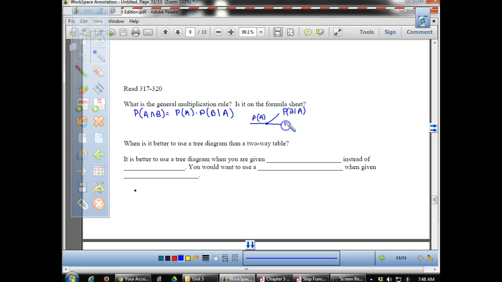And then the other outcome would be the probability for B to not occur given that A has already occurred. So this is the first branch, and of course we could also have another branch down here for something else. So the second branch right here is what's conditional. The second branch is conditional here.